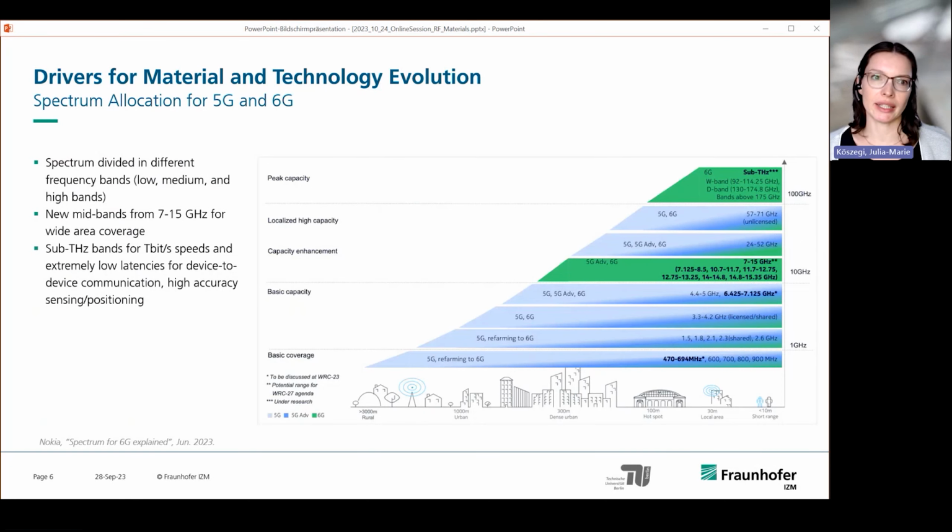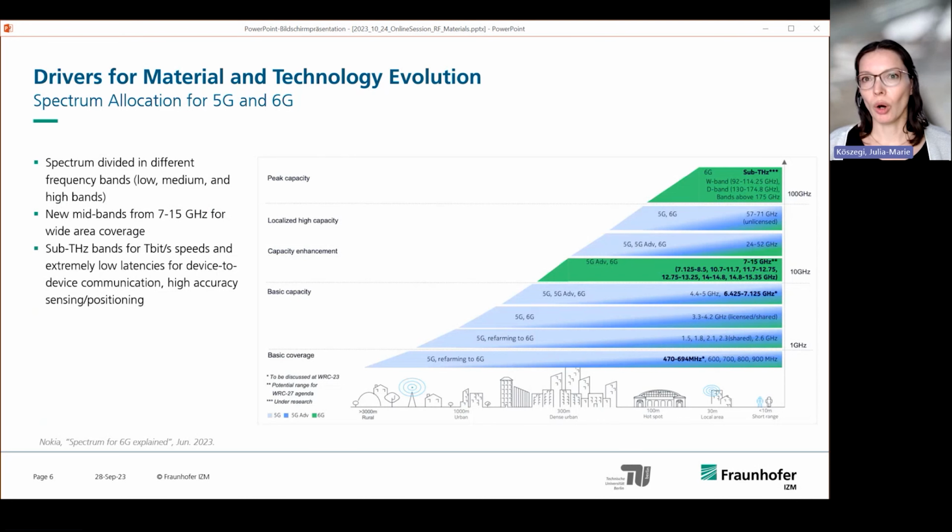So starting at telecommunication, we've seen the evolution from 3 to 5, now 6G, and we see that the frequencies are constantly rising. Actually, the next slide will be from an advisory board meeting on one of our public funding projects, where we had the first discussions on how to proceed with the research for 7G communications.